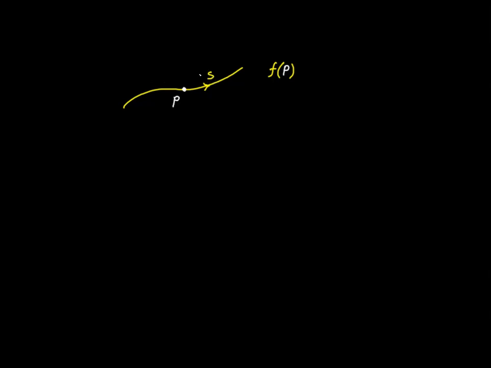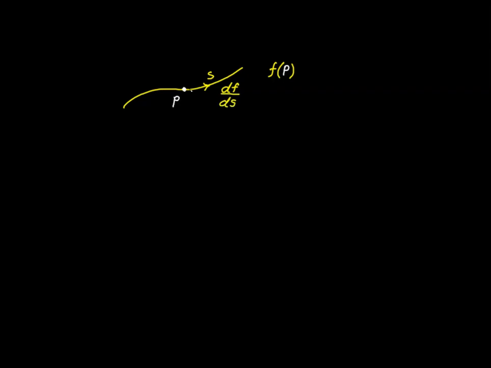Now, at this point, what we want to do is to investigate how our function changes as this point moves along the curve. In particular, we're interested in knowing what the rate of change of our function is with respect to the arc length ds.